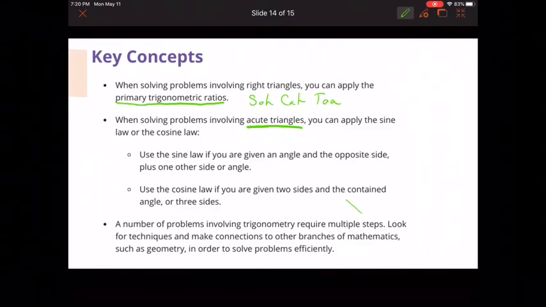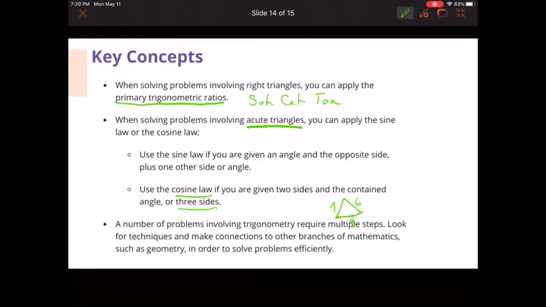If you're given a triangle and you've got 6, 7, 8, they've given you the three numbers, you only have three sides and no angles, you know it's going to be cosine law.